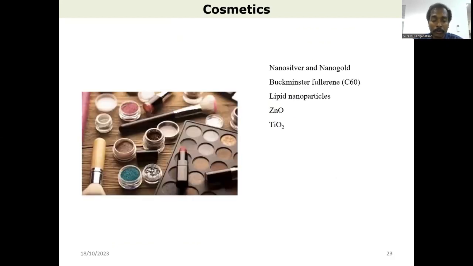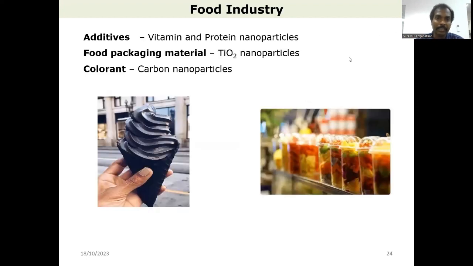Nanoparticles are also widely used in cosmetics. Different nanoparticles like titanium dioxide, zinc oxide, or even lipid nanoparticles, which are examples of organic nanoparticles, nanosilver and gold, zinc ferrites, such kinds of ferrite materials, are used in cosmetics and in the food industry.